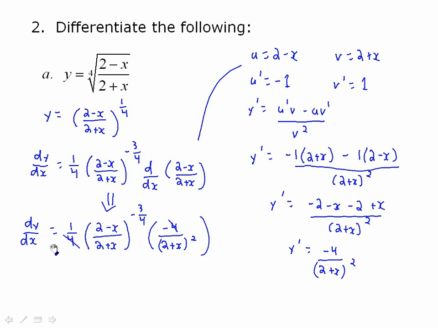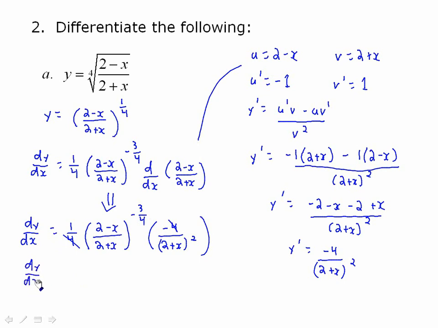The next issue is what we're going to do with those factors that can be simplified. Because now that 2 minus x to the 3/4 isn't going to really do much with us, but 2 plus x, we have 2 plus x to the negative 3/4, and then 2 plus x squared. So those can be simplified.